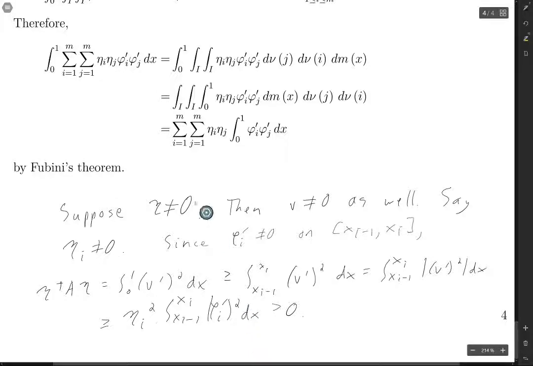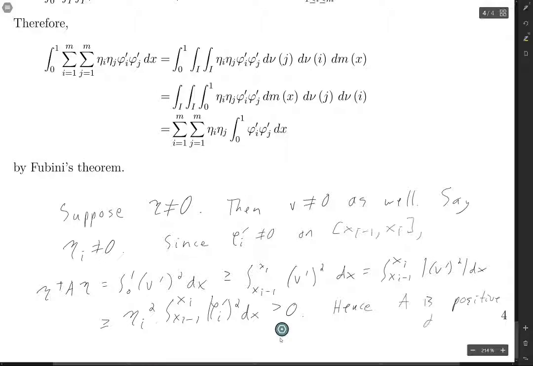So if eta is a non-zero vector, then this inner product is going to be strictly greater than 0. So hence, A is positive definite.